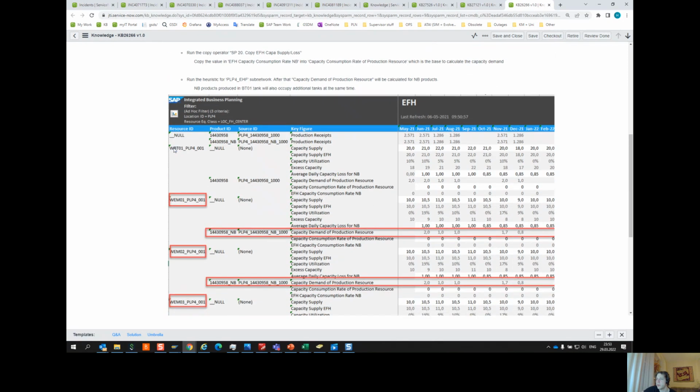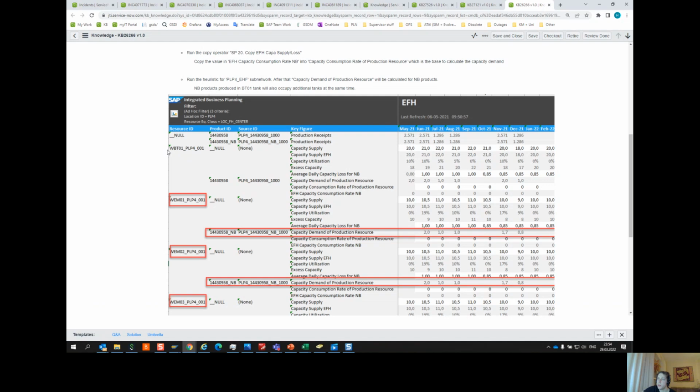So what is capacity planning? You see those codes like resource ID here, and those resource IDs are actually real machines in the factory. So PLP4 is the plant or location code. 001 is just a number, like there can be two same machines: one will be 001, the second will be 002.